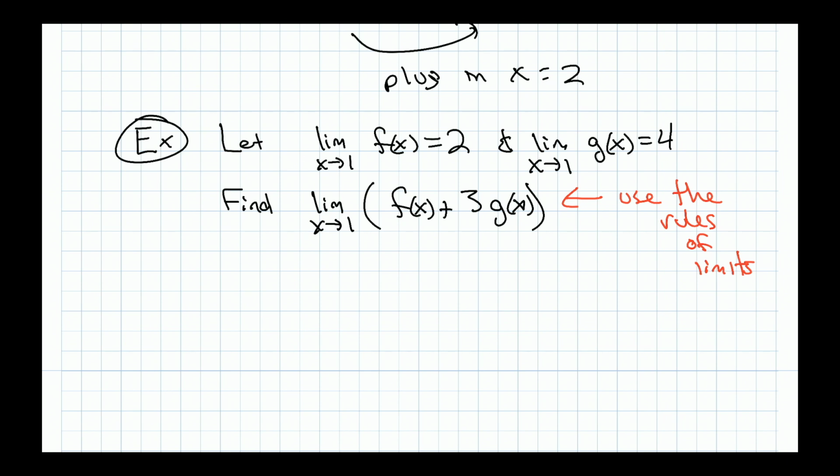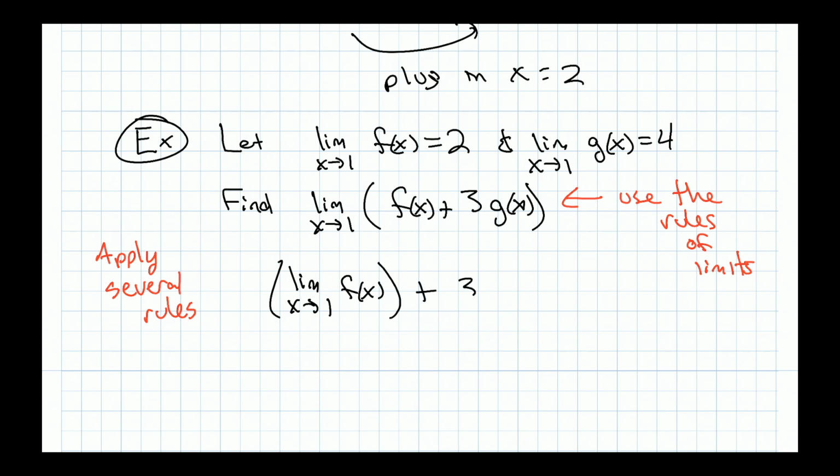so that means I'm going to apply several rules at once. And if I apply several rules at once, I can make it look like this. Limit as x approaches 1 of f of x, it's one thing, plus 3 times the limit as x approaches 1 of g of x. So hopefully you can see what rules I applied, right?